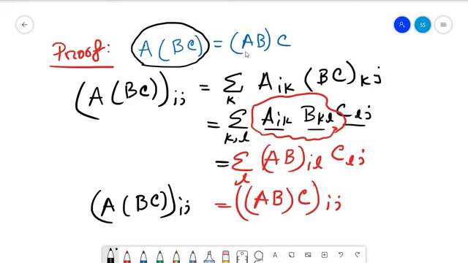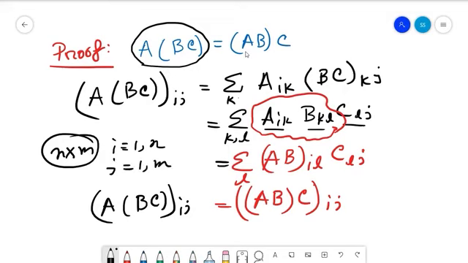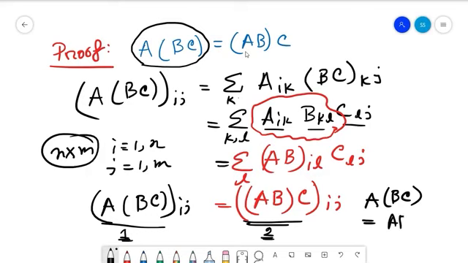That is, if your matrix is an n cross m matrix, your i index runs from 1 to n and your j index runs from 1 to m. And since these two matrices, let's call this one 1 and let's call this one 2, have each and every component the same, you can conclude that this thing, where these are now matrices, not the components, is true.